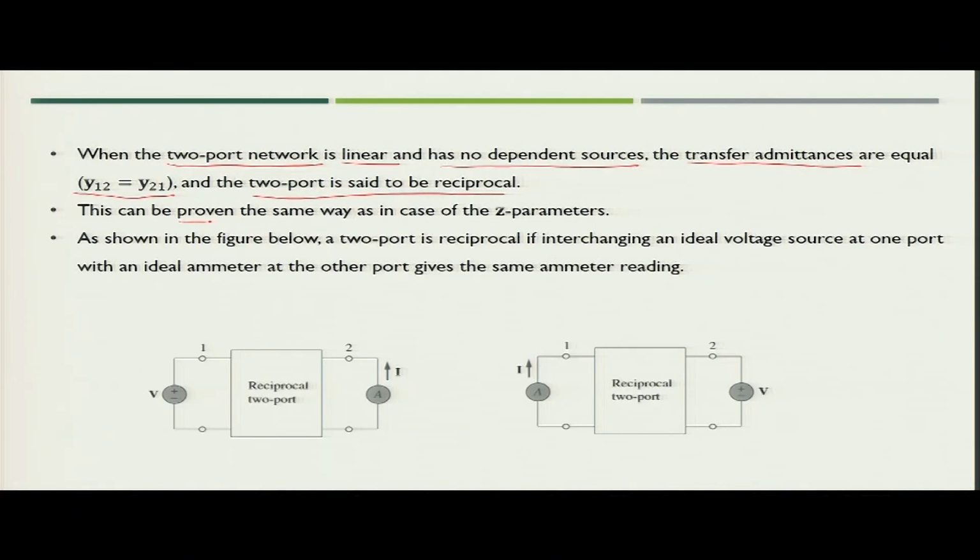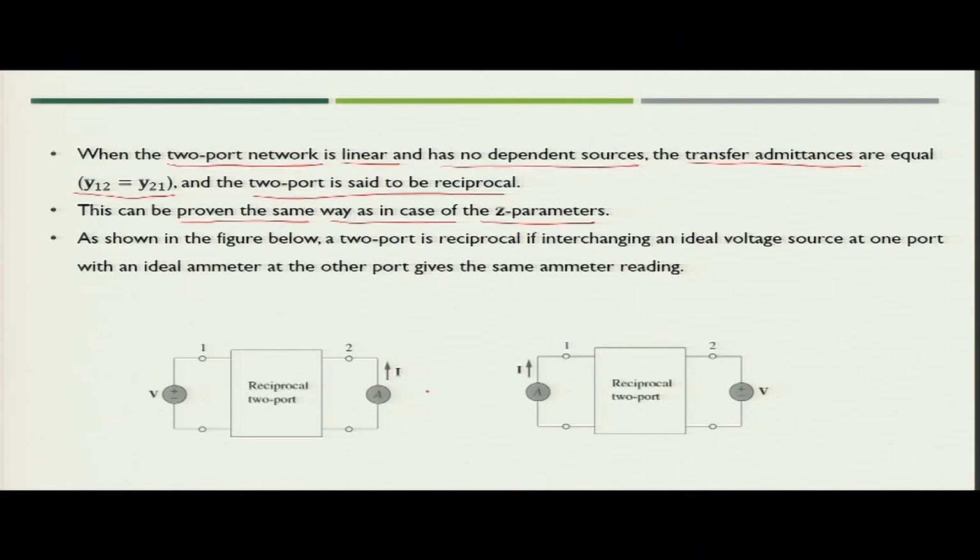Now, here also you can prove the particular scenario in the same way as we explained in the case of Z parameters. How? Let us see these two figures. In the first case, what are we doing? We are applying the voltage V across the input port and finding out the value of current which is flowing in the output port with the help of an ammeter.